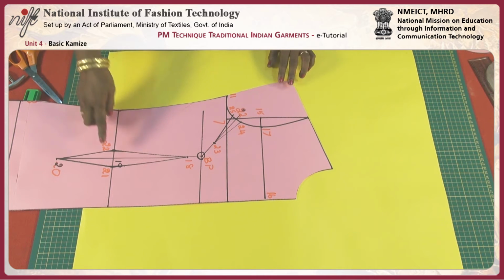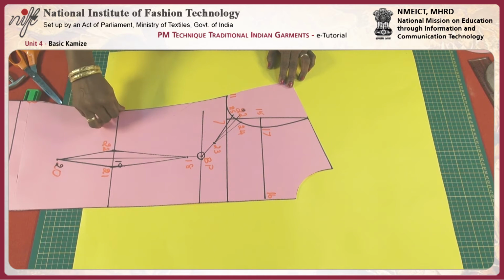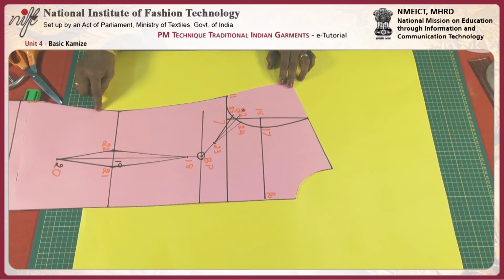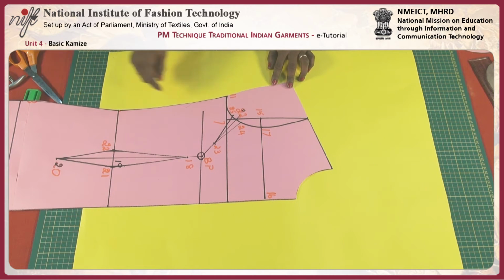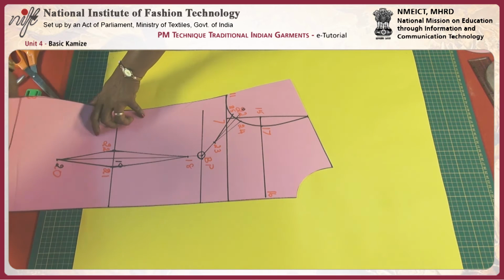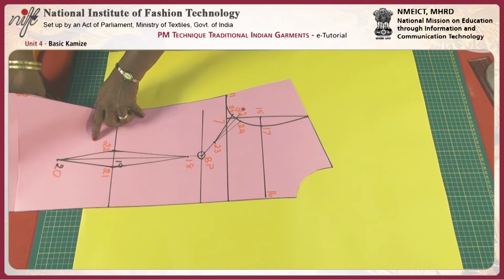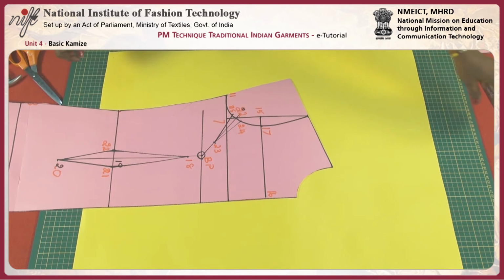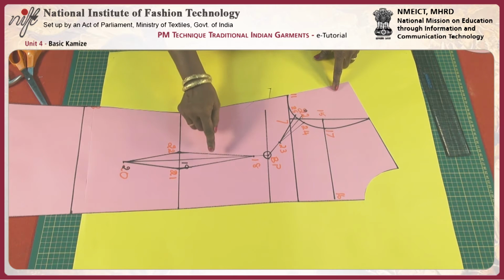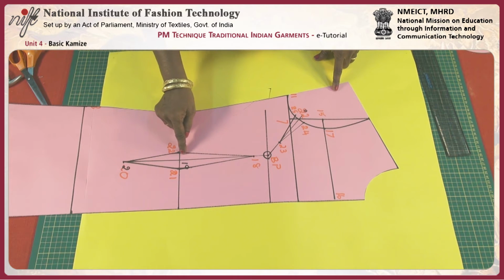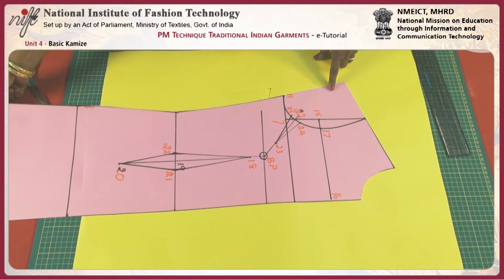Now, the waistline dart has been trued and the side seam should also be trued. Here the armhole dart has to be trued. We already blended the dart length and then the side seam also.